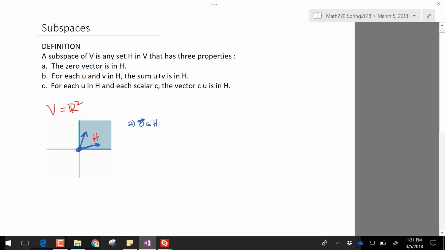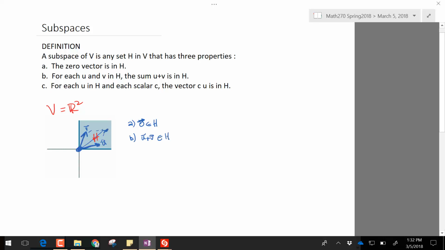The 0 vector is in H. So second, if I add these 2 vectors, U and V, am I still going to be in H? Use the parallelogram drawing, and then you'd be over here.